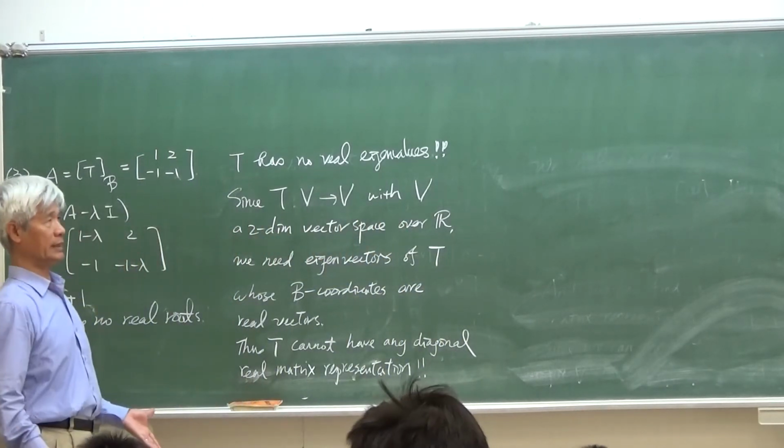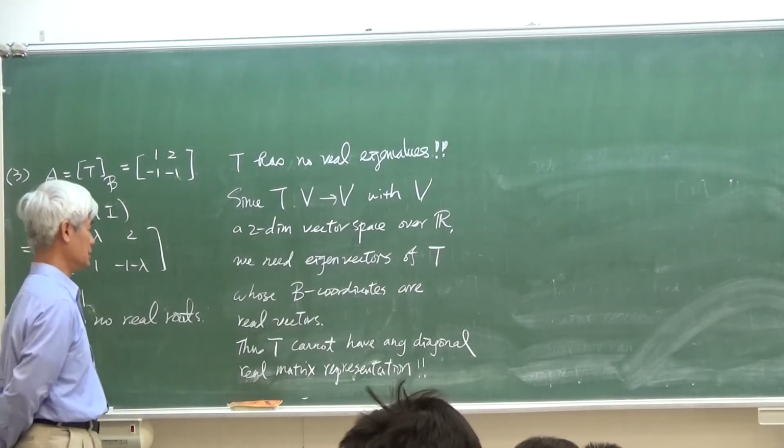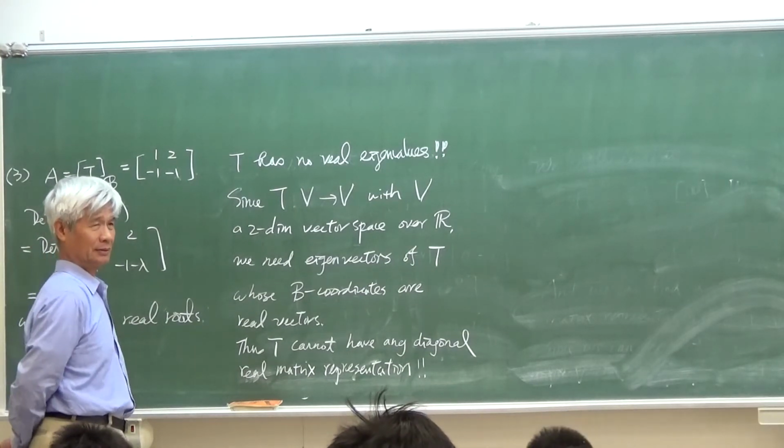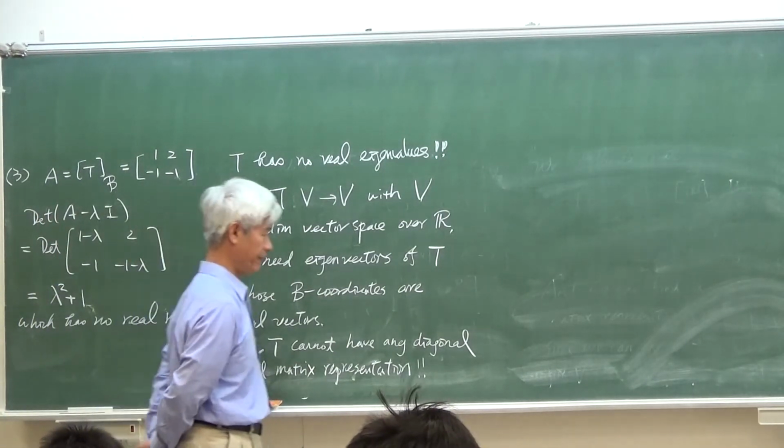So the reason is that we don't have the real eigenvalues. So of course we don't have any diagonal real matrix. Okay.